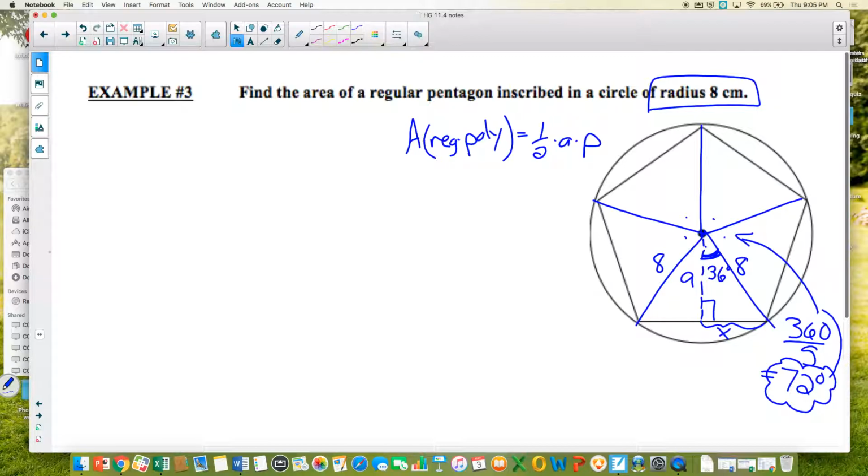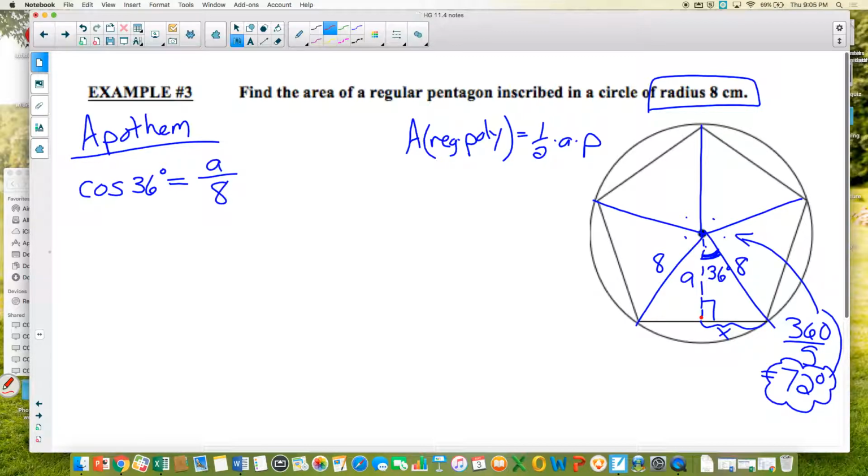So over here, to find the apothem, let's show our work. We have a right triangle. In that right triangle, we have a 36 degree angle. If we take that 36 degree angle and we want to find A, we will use cosine. Cosine of 36, adjacent to that 36 degree angle is A, so it's adjacent over hypotenuse. The hypotenuse of that triangle is 8.